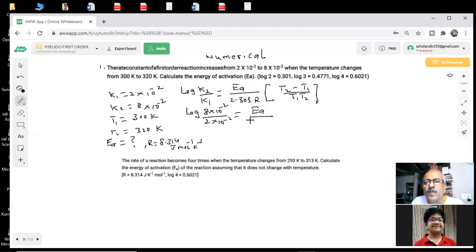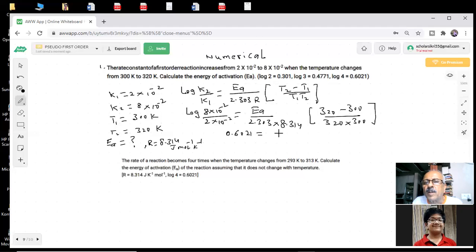So 2.303 into 8.314. And what is the story of the temperature? 320 minus 300 divided by 320 into 300. Some calculation is required. This will get cancelled to 4, so it is log 4. The log 4 value is given to me: log 4 is 0.6021.